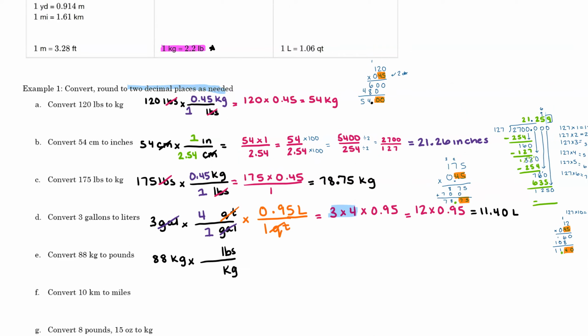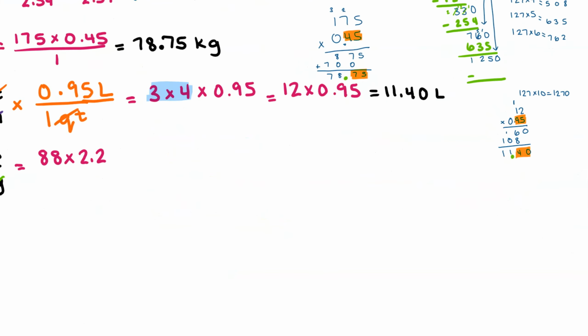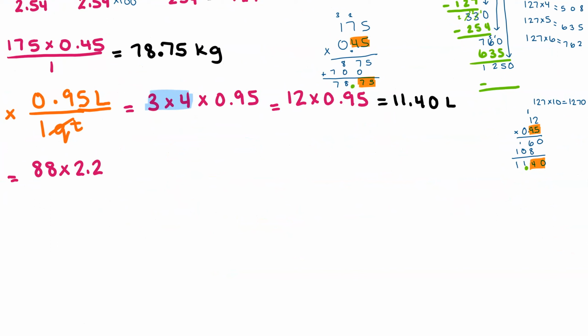In this case, it's better to use 1 kilogram equals 2.2 pounds because the 1 is going to go on the bottom, which is nice, and then the 2.2 is going to go on the top. Kilograms are going to cancel, so the math that's happening is 88 times 2.2. So I'll go over here and I'm going to do 88 times 2.2.